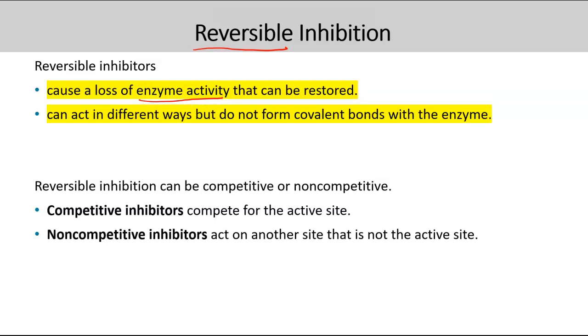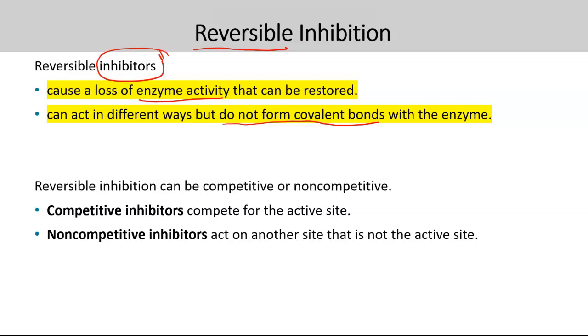There are different ways that reversible inhibitors will work, but the good thing is they do not form covalent bonds with the enzyme. Remember, we are talking about these inhibitor molecules, okay? Don't get confused with the functional groups that we discussed in enzyme regulation before. These are problematic molecules for a given enzyme reaction.